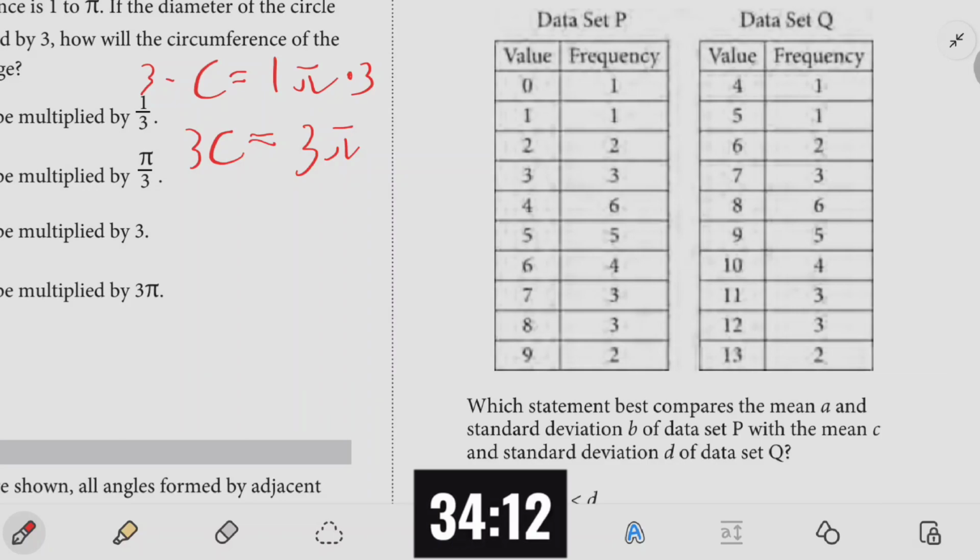There's an easier way to do this, by the way. How many? 1, 2, 4, 7, 13, 18, 22, 25, 28, 30. 30. 150 divided by 30 is our mean.